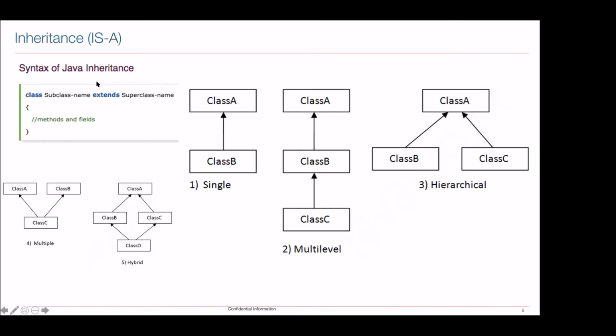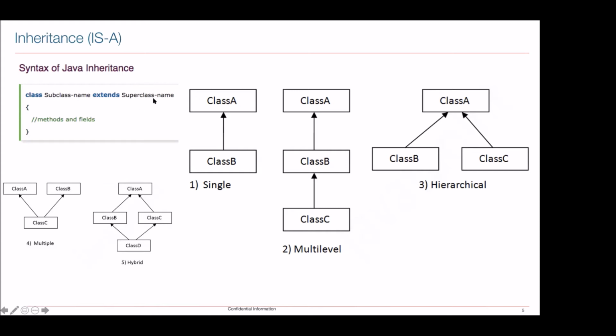And for using inheritance, this is the new keyword which you are seeing, extends. So the syntax is class, then the subclass name, which means the child class name will come here, extends superclass. So I can say car extends automobile. I can say class students extends person.